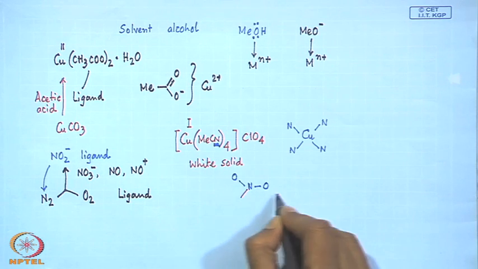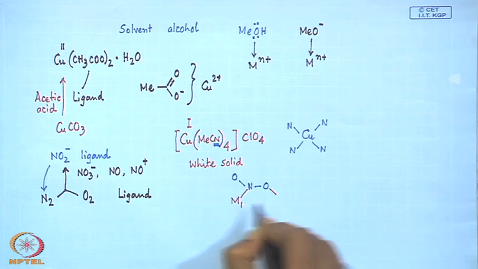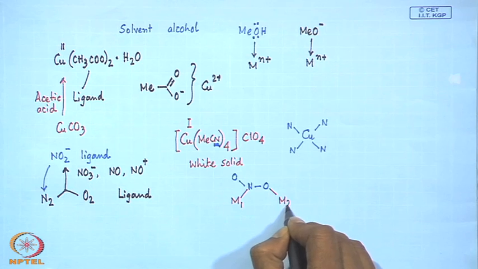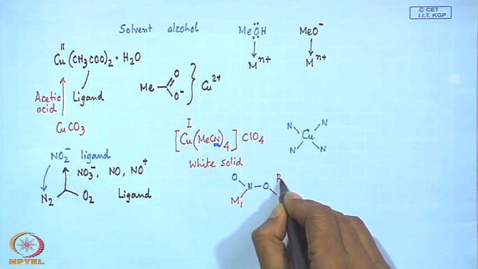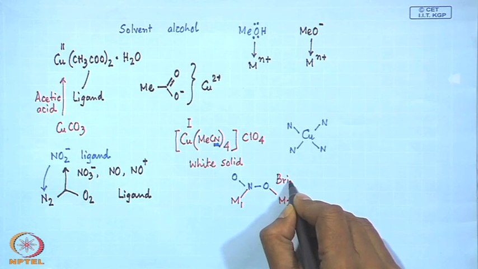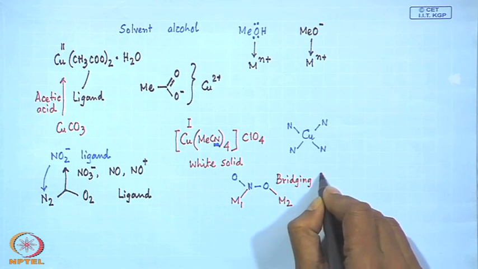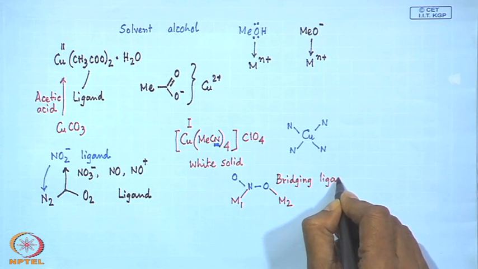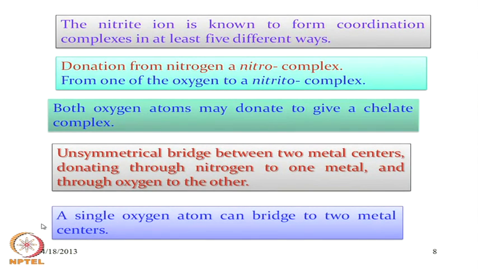So, it can function as a bridging ligand to metal 1 and to metal 2. So, the bridge is possible, and sometimes a single oxygen atom also can bridge two metal centers.